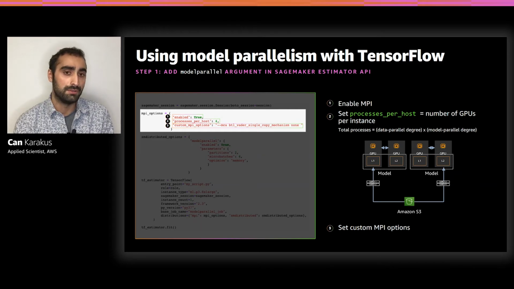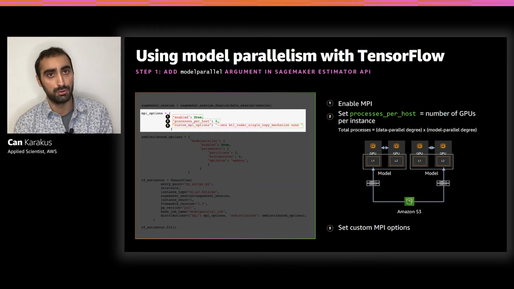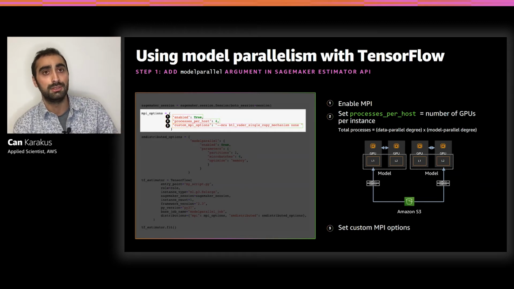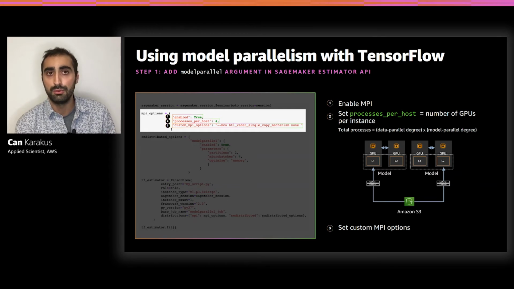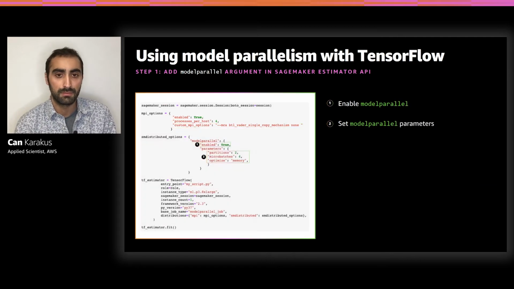So that is why I've set the number of processes per host to be 4. The model parallel library maintains a one-to-one mapping between the processes and the GPUs. If you've used Horovod in the past, this is quite similar to the way Horovod works. And if you have any custom MPI options that you'd like to feed, you can feed them as a separate key in the MPI options dictionary.